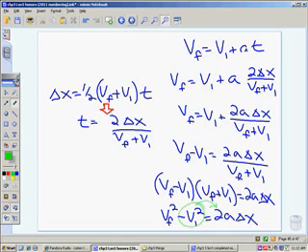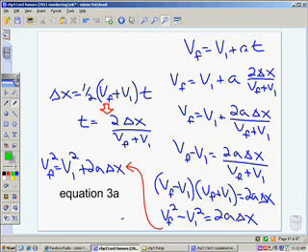Next, I'm going to take the vi squared and move it to the other side by adding it to both sides, and I get this, and that is equation 3a. And that's the end of the lesson.